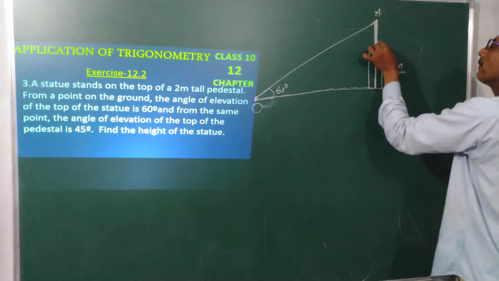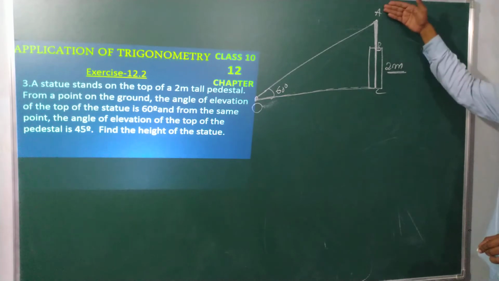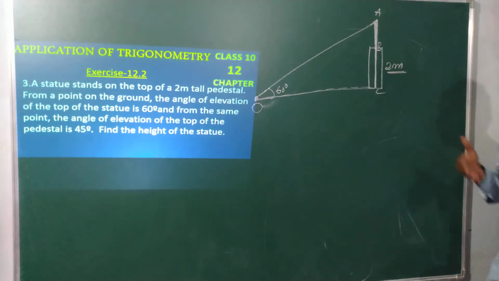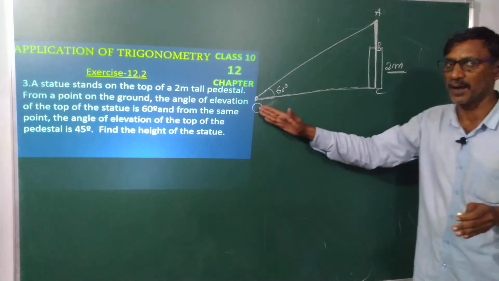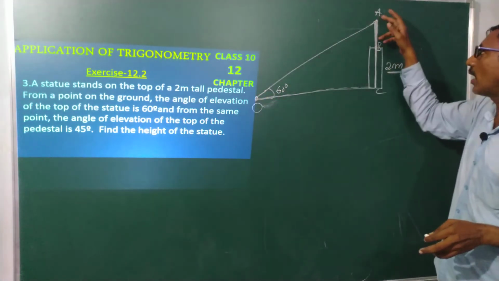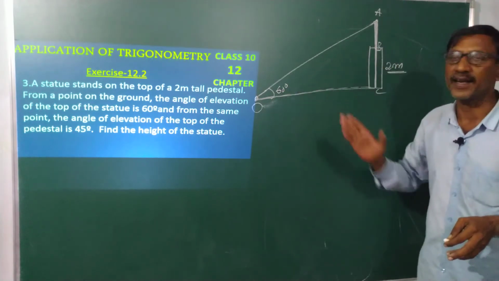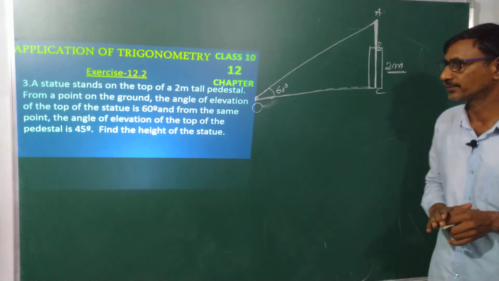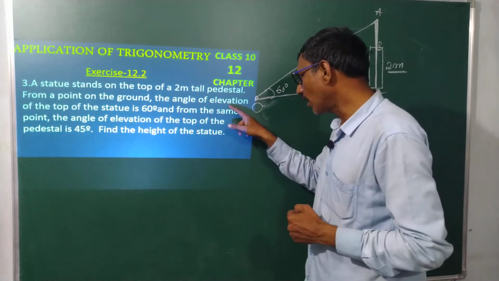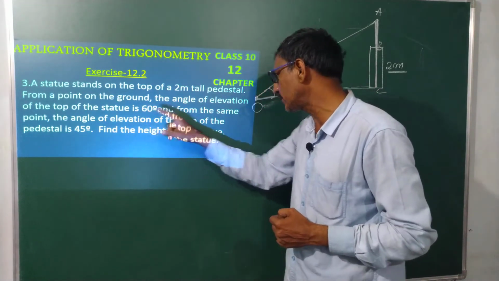Suppose A, B, C. AB is the statue and BC is the pedestal, and O is my observer. We are observing the top of the statue from a point, making a 60 degrees angle. The angle of elevation of the top of the statue is 60 degrees.